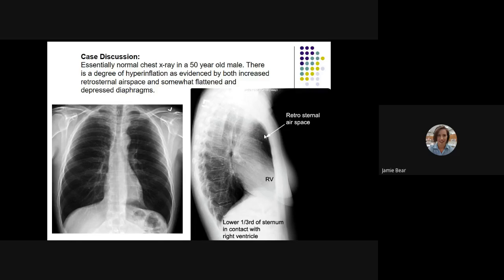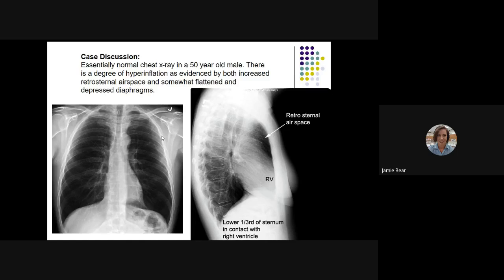This is what we call retrosternal airspace, and there's a somewhat flattened diaphragm. It's really radiolucent, really black, filled with air. So we could say this person has a little bit of air trapping.